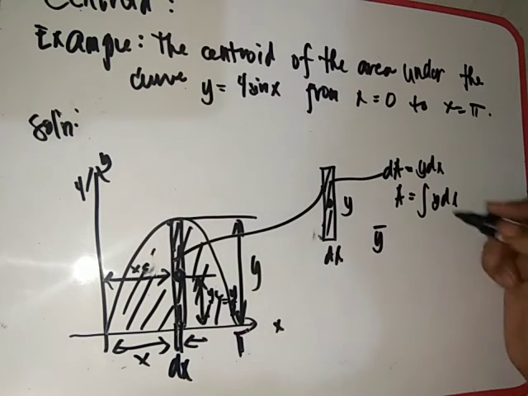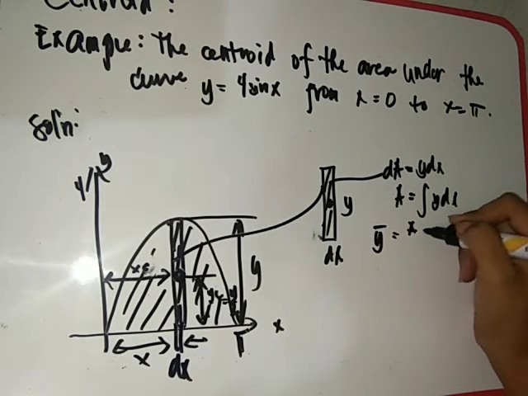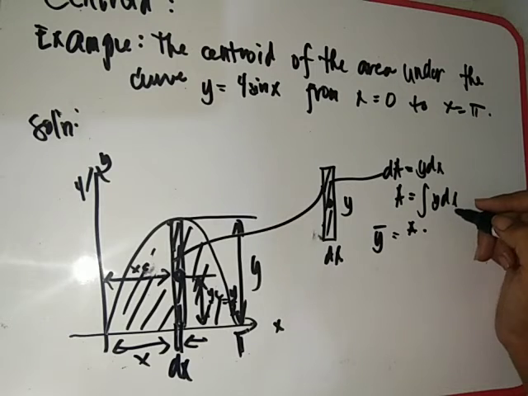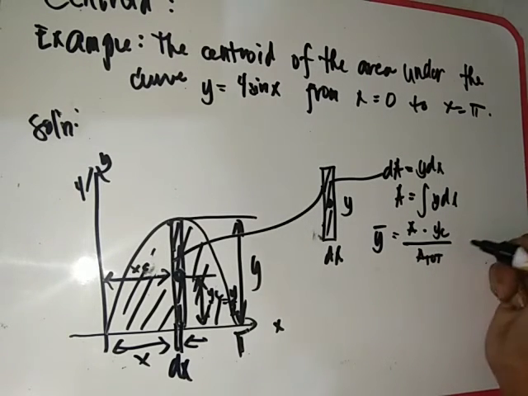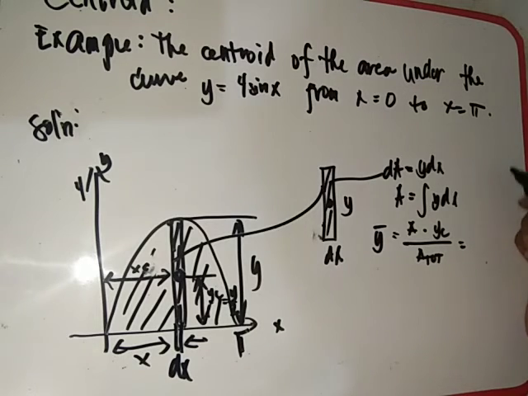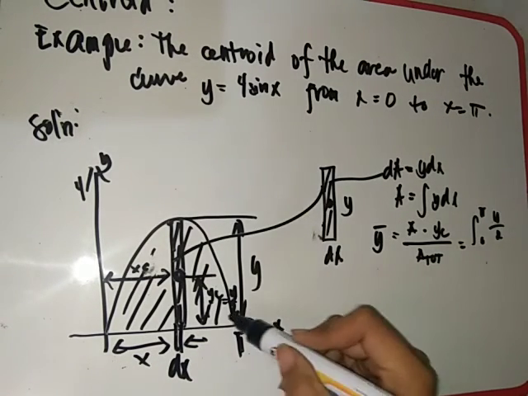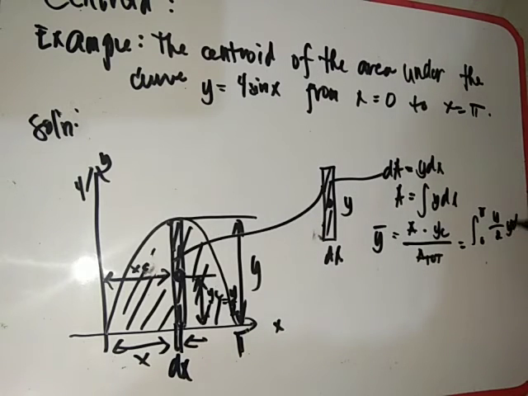Y bar is equal to A multiplied by YC over the area total. That is equal to integration of 0 to pi y half, or the YC, y dx over the area total, or the integration of 0 to pi y dx.